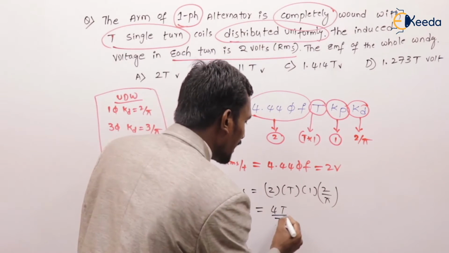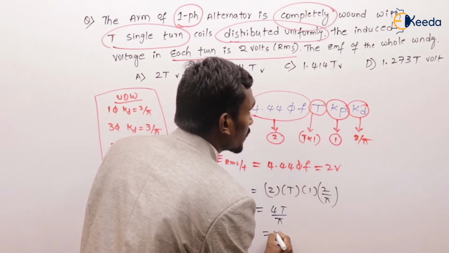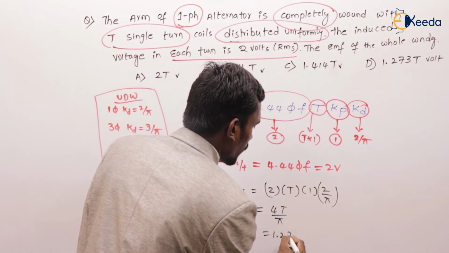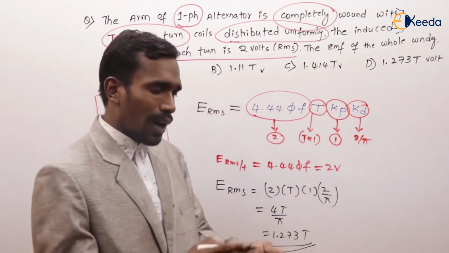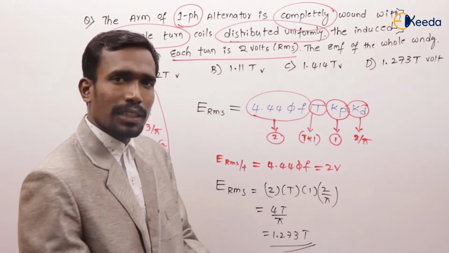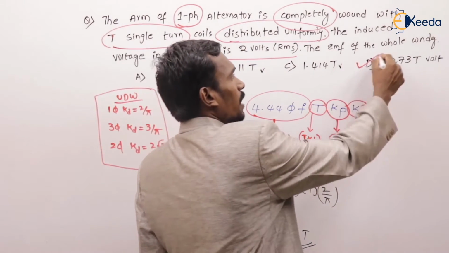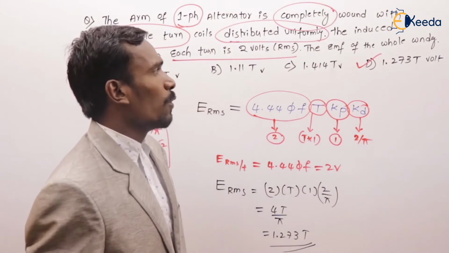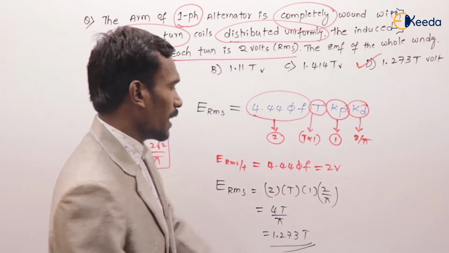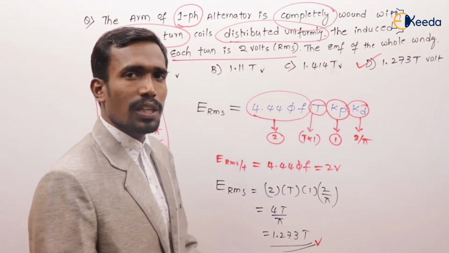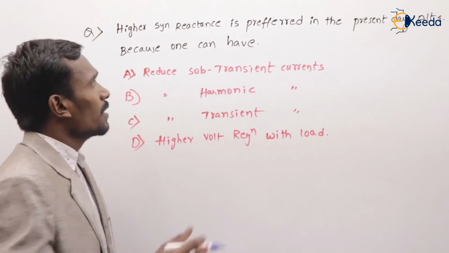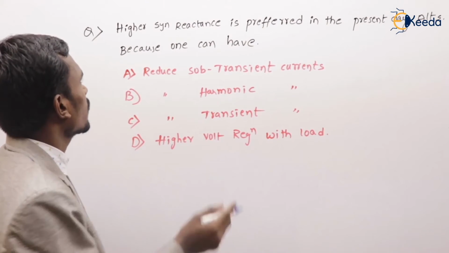If you calculate this value, you can get 1.273. So our answer is option D, 1.273 into T volts. Right, next question.